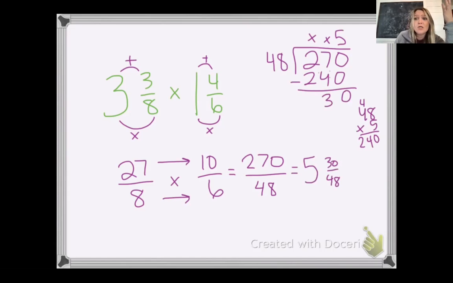This is so much work. I can simplify by 2, and I get 15 over 24. Oh, and then I can simplify by 3, and I get 5/8. So my final answer is 5 5/8. Ooh, that was a lot of work.